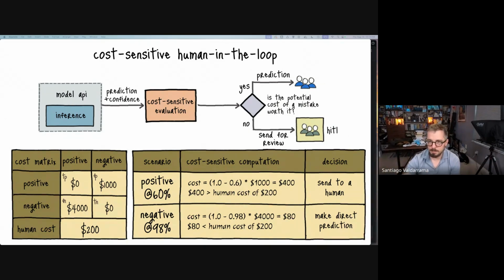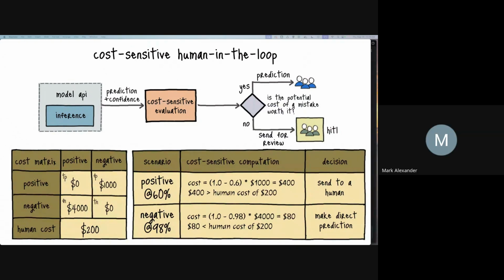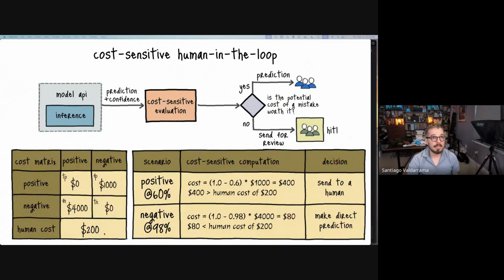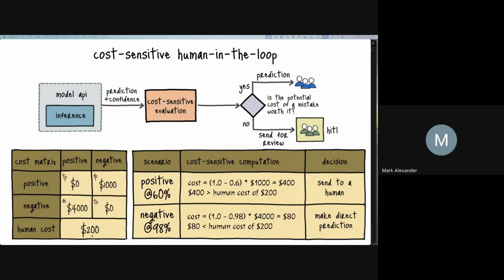Mark. A true positive hit will also create costs, right? Yes. Would we incorporate this also in the cost matrix? Because you go there with 0. So the human cost, if that is what you ask, costs $200 to send it to a human.